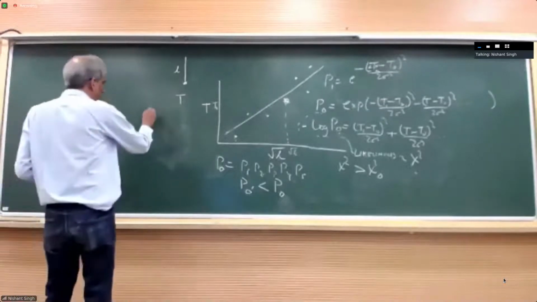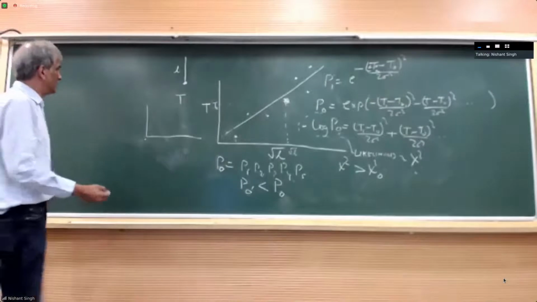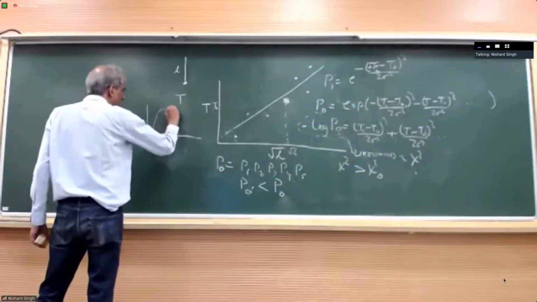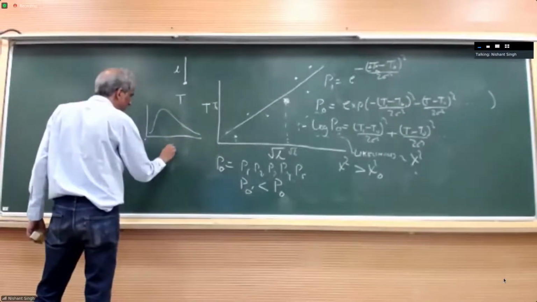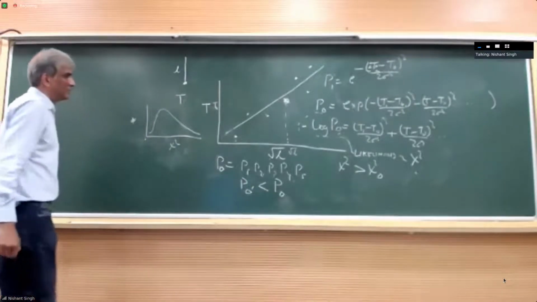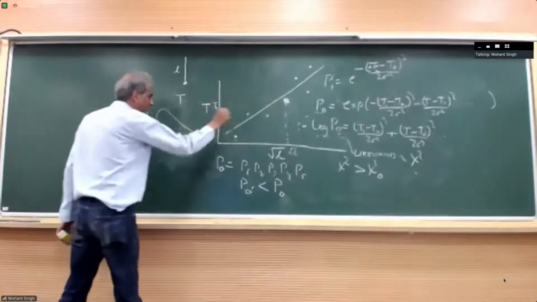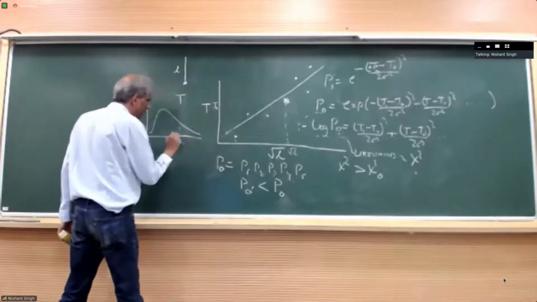So, just to make it representative, suppose this is all a mental experiment. I do this experiment thousands of times. I would have got a distribution of chi-square. These are the number of ones. And the question you're asking is, the chi-square value you have got for this particular experiment, where does it lie?